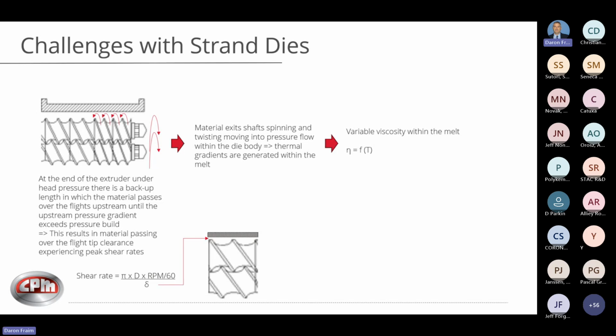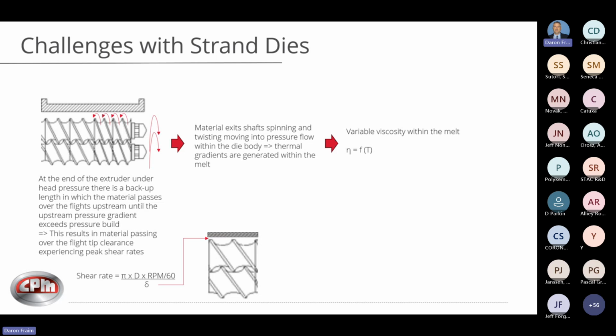So to understand a little bit about the material at the end of the machine when it leaves the extruder, what's common on any extruder, when you have a resistance due to a breaker plate, screen packs, or die restriction, you'll see a backup length.